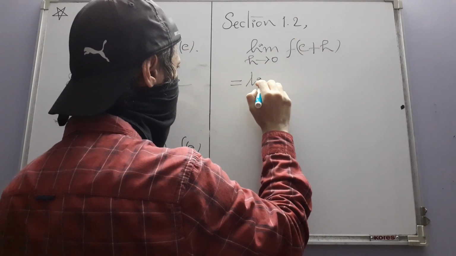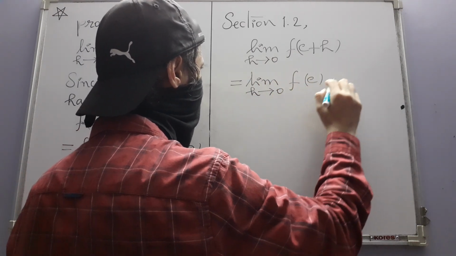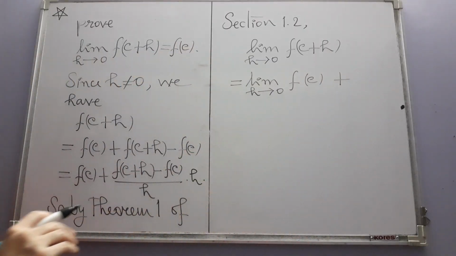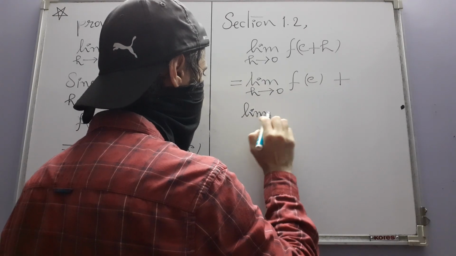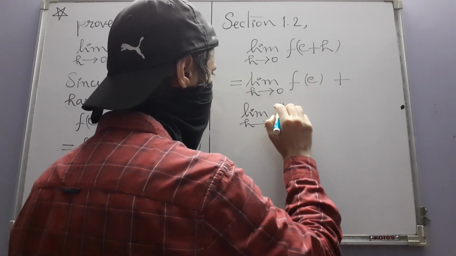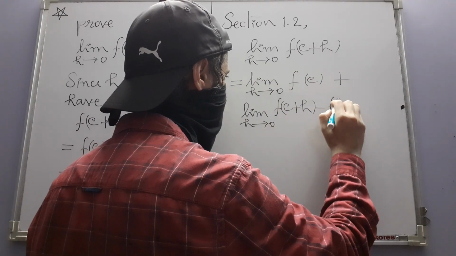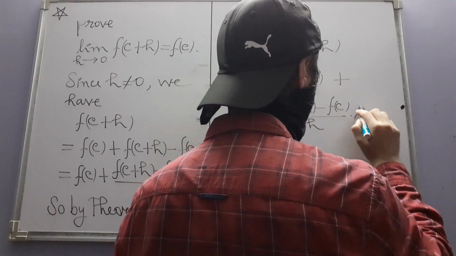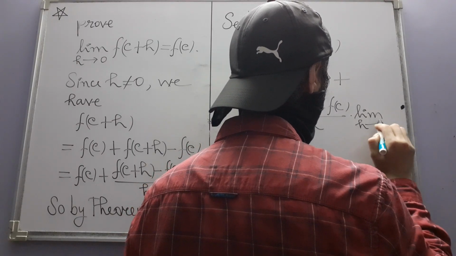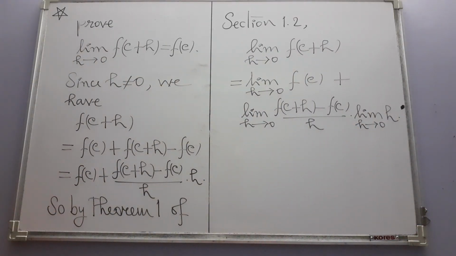This will be the limit of f of c as h approaches 0 plus the limit of this quotient as h approaches 0 multiplied by the limit of h as h approaches 0, by algebra of limits, by this theorem 1 from section 1.